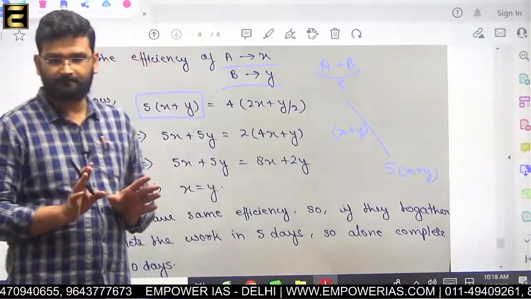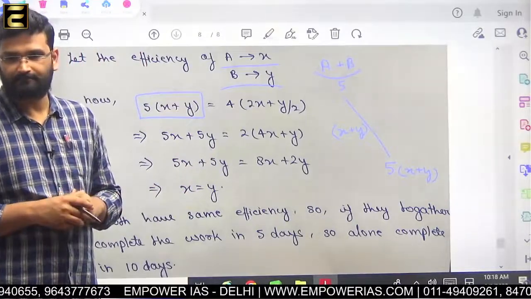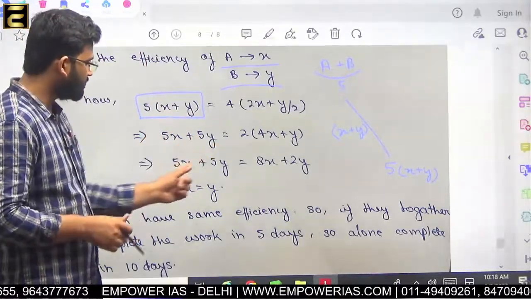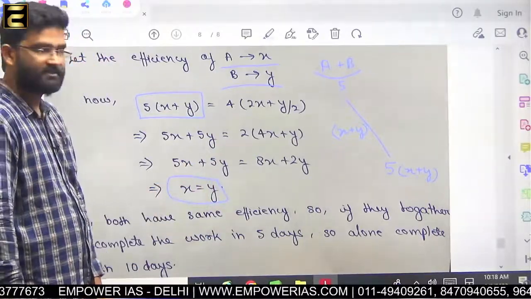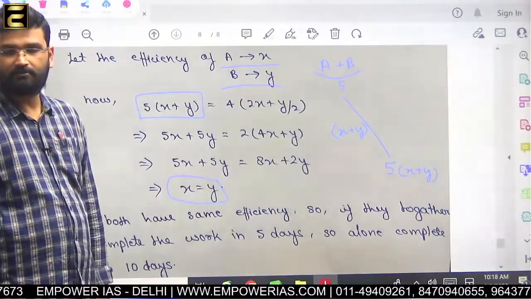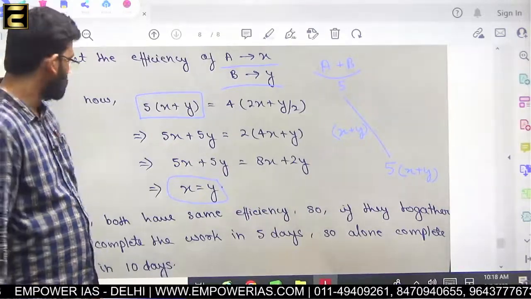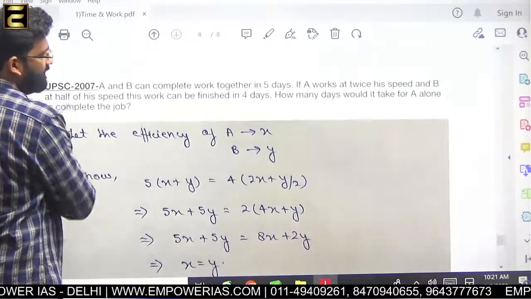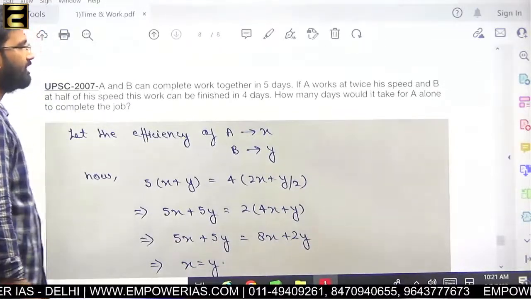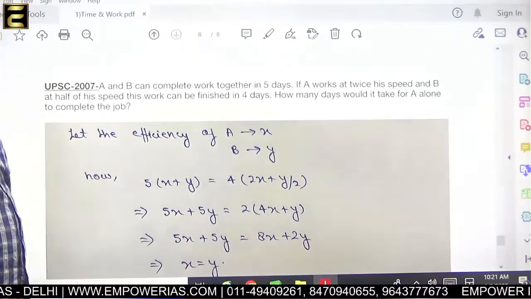ये clear है आकाश? So when we solve this question here, what we get? The efficiency of A is equal to the efficiency of B. So what is the question asking? The question is asking how many days would it take for A alone to complete the job?